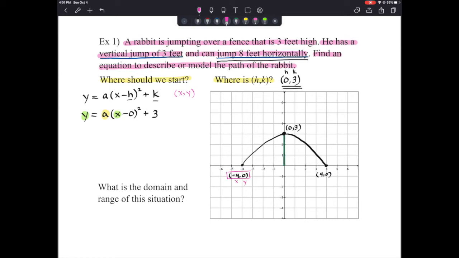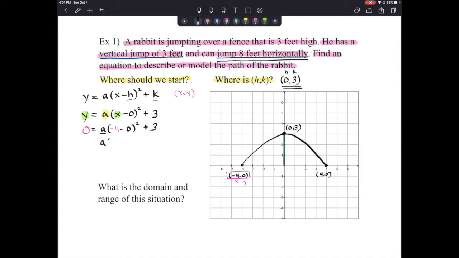So if we put our 0 in for y, it should equal a times the quantity of -4 minus 0 squared plus 3. Now we're down to just that a, so we can try to solve this equation to figure out what it's going to be.